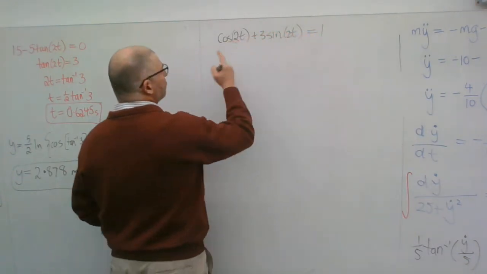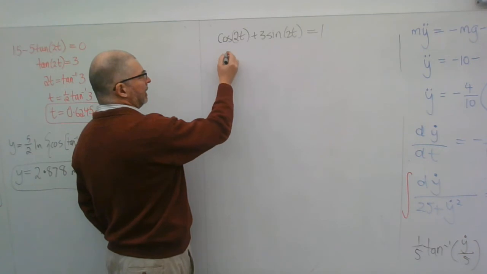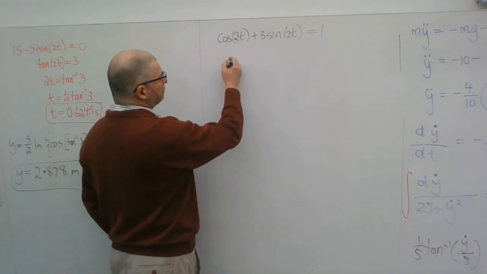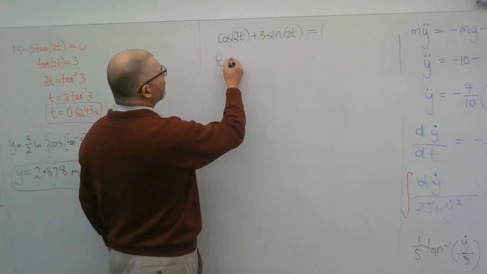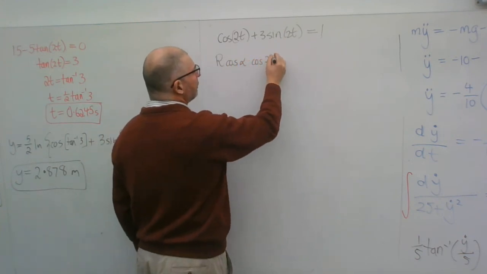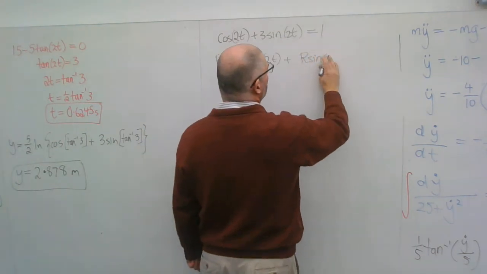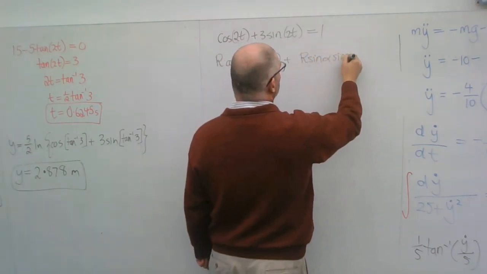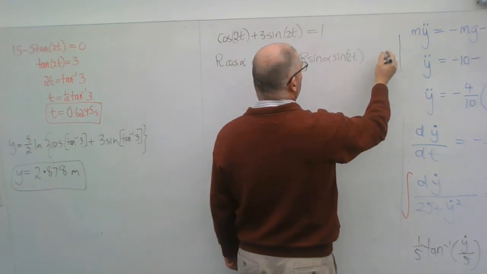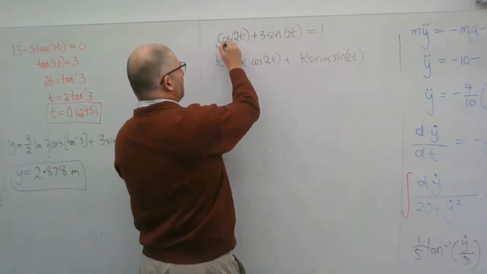So I'm going to appreciate that this is like r cos alpha cos 2t plus r sine alpha sine 2t is equal to this piece here.